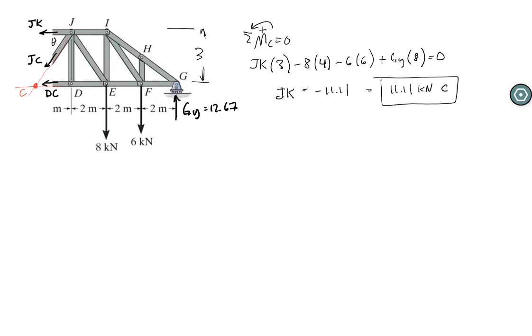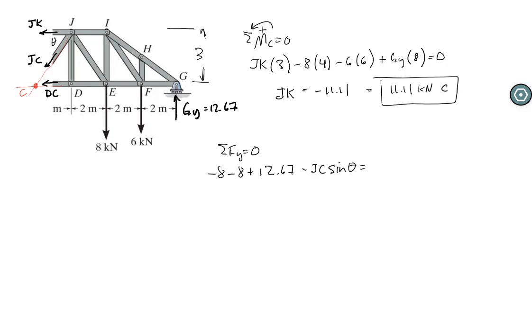I can also solve now for the other two. Let's sum the forces in the y. I have minus 8 minus 6 plus GY of 12.67. Yeah, it's kind of sloppy here. 12.67. Now the other force I have is JC, so that would be minus JC sine of theta.